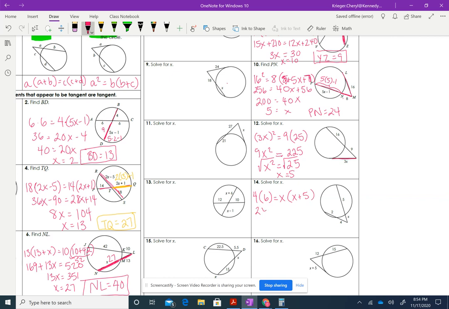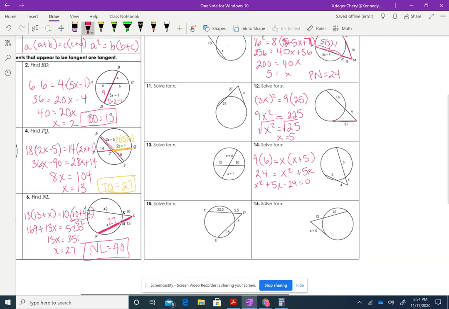Okay, so that's 24 equals x times x is x squared, and x times 5 is 5x. So we have a trinomial here, right? So this is x squared plus 5x minus 24 equals 0.